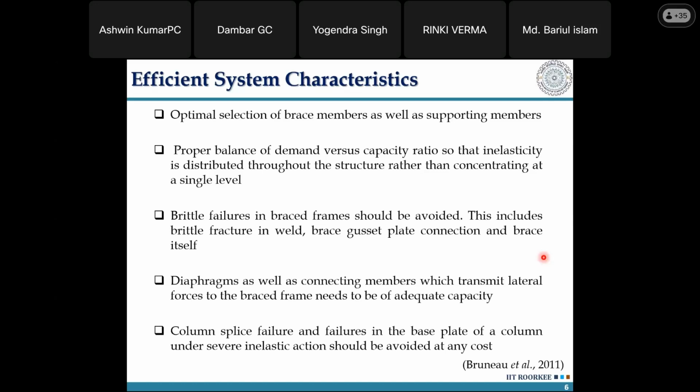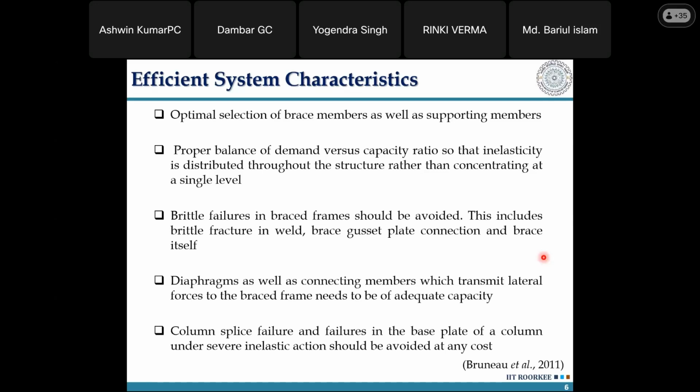Like last time we discussed, moment frames can be given either as all moment frames or on the periphery. But in brace frames, generally we give them on the periphery to avoid any hindrance to the functionality or movement of people. So in those cases, we have to ensure that the diaphragm, the connectors, the horizontal members, and the horizontal bracing are strong and stiff enough that the forces can flow to these brace members efficiently.